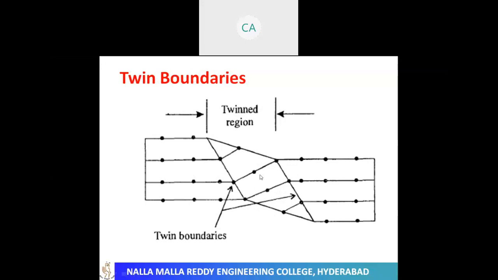Twin boundaries occur in a pair so that the change in orientation of two grains introduced by one boundary is restored by the other boundary. Twins are generally formed during annealing or mechanical working of metals.